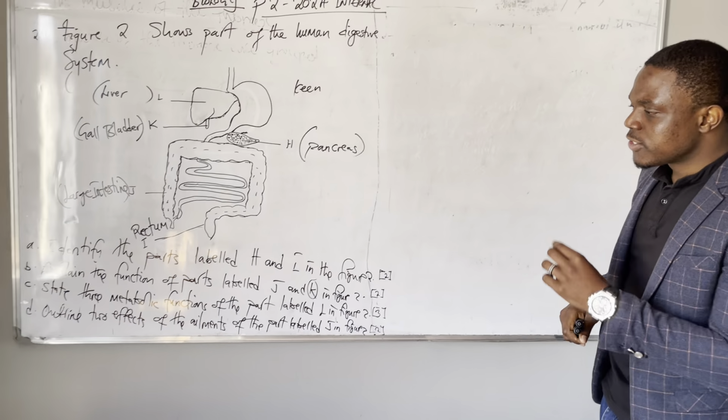So on our D, we can talk of constipation, which is having difficulties passing stool. It is something that can be dealt with, something treatable, not a condition to worry about. Then also we can talk of inflammation.